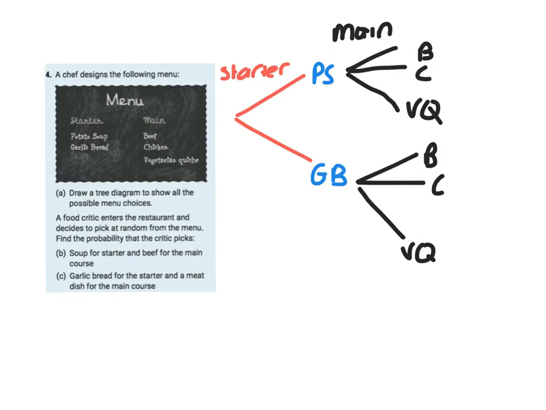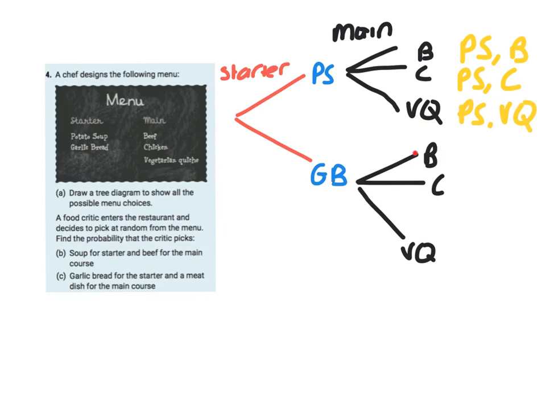So we follow our branches. Let's say they got potato soup and they got beef. That outcome will be PSB. Then if they got potato soup and chicken, we'd have PSC. If they had potato soup and vegetarian quiche, we'd get PSVQ.